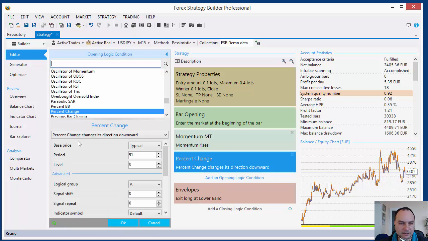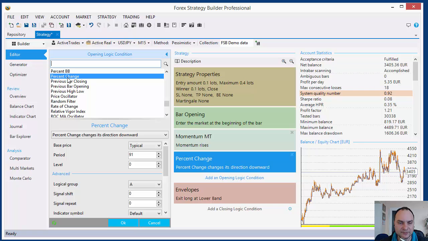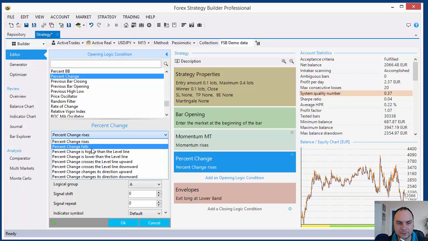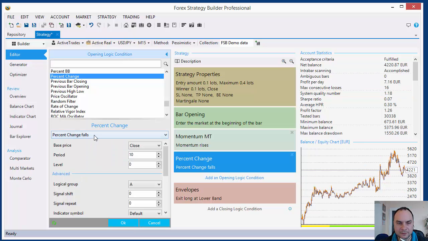Percent change changes its direction downward. This indicator shows the percent change of the price. Base price typical. Let's try it with close and period 90. False.